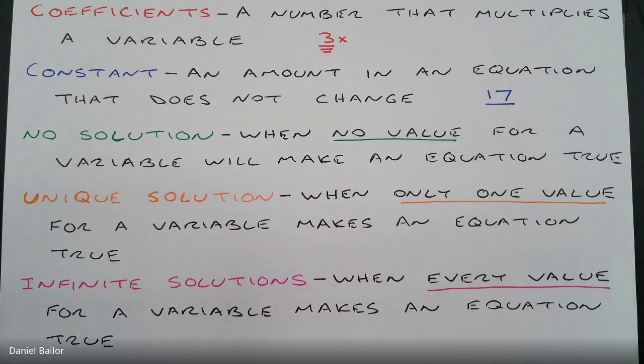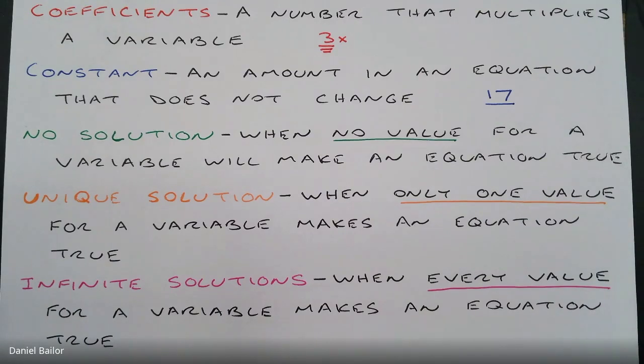When only one value for a variable makes an equation true, we call that a unique solution. X, or whatever variable, can only be one thing, a unique number, a special number. So when x cannot equal anything, that's no solution. When x only equals one thing, that's a unique solution.